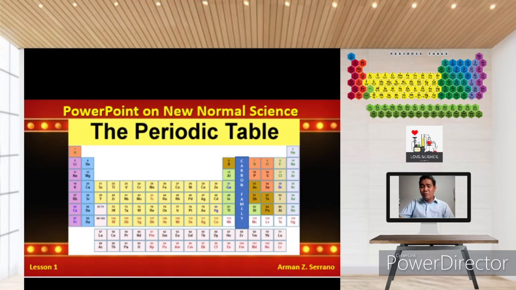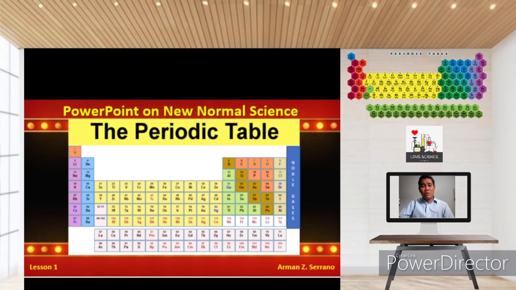Magnificent. Carbon family. How about 5A? Very good. Nitrogen family. How about 6A? Chalcogen. Magnificent. 7A, the halogen family. And 8A, the noble gases. What is the other name for noble gases? Yes, very good. Inert gases.